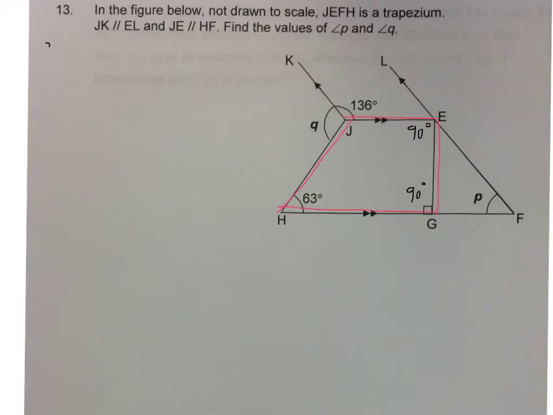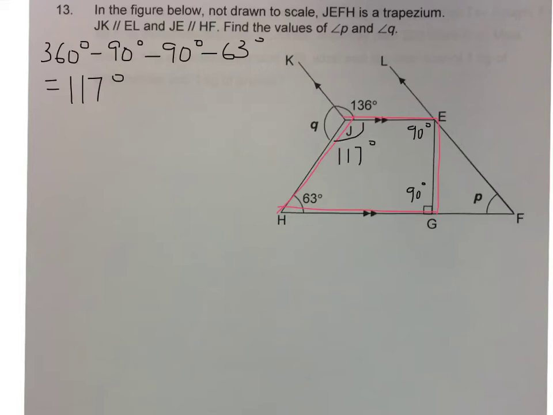So we will take 360 degrees minus 90 degrees minus 90 degrees minus 63 degrees. We have 360 minus 90 minus 90 minus 63, which gives 117 degrees. So angle J is actually 117 degrees. Alright, next.